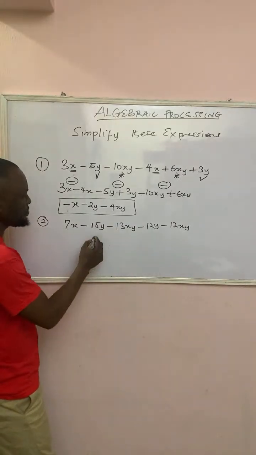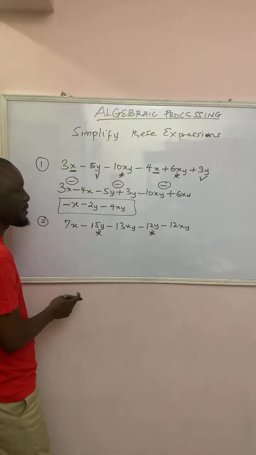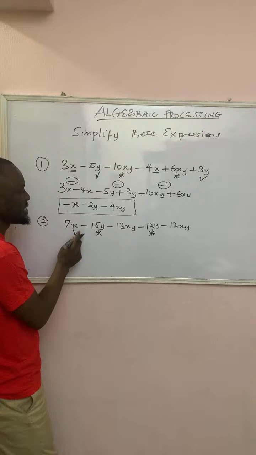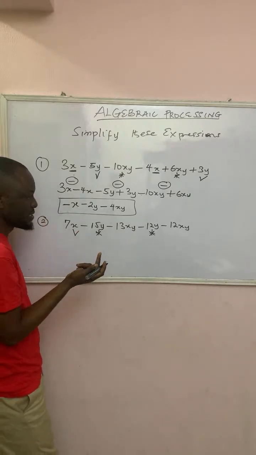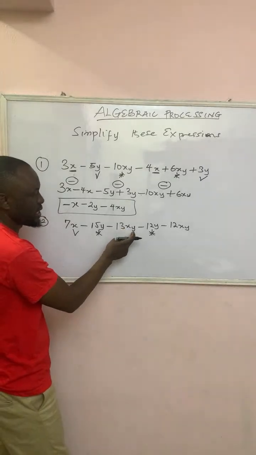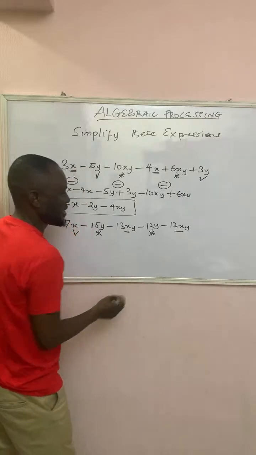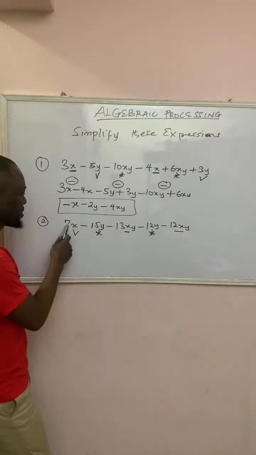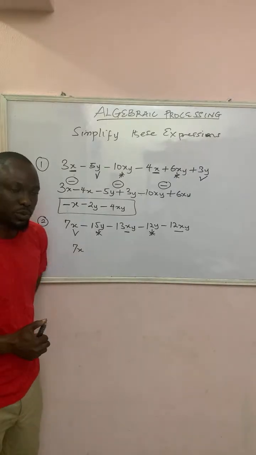This and this are like terms because they are y. This is only standing alone because we don't have any other thing that has just a single x. This has xy, so these are alike. So for this, we'll just bring down 7x. There's nothing to pair it with.